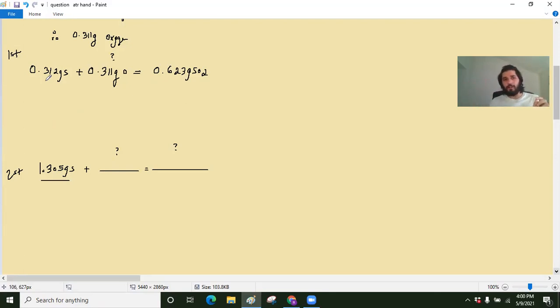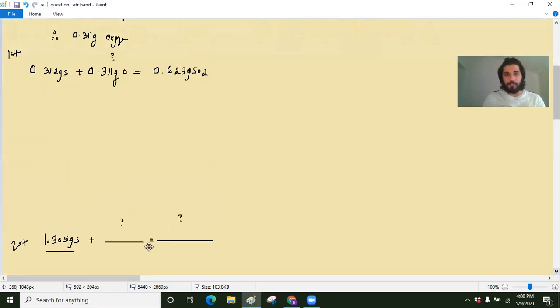We're told 0.312 grams of sulfur makes 0.311 grams of oxygen. This is a proportion. For every 0.312 grams of sulfur, I'll need 0.311 grams of oxygen to make sulfur dioxide. So you can put a proportion here and work with it, and I'll show you how.